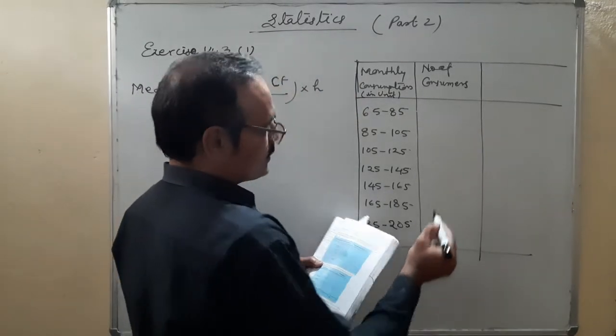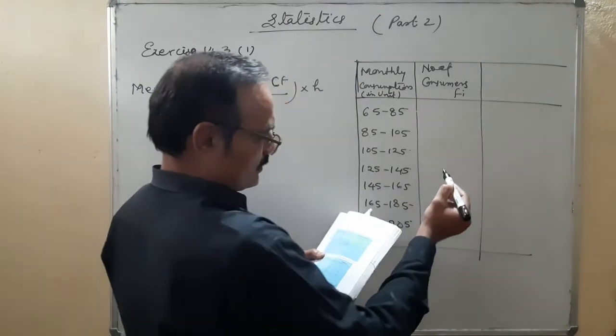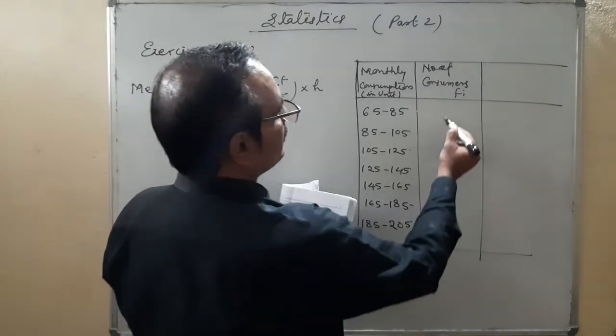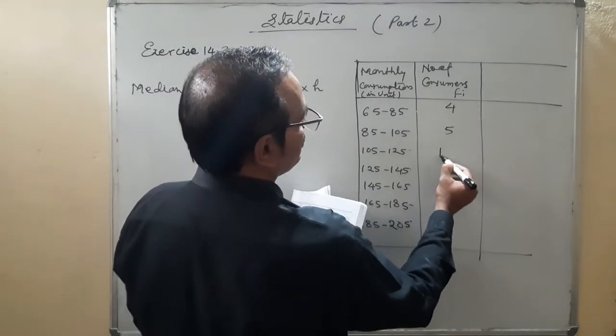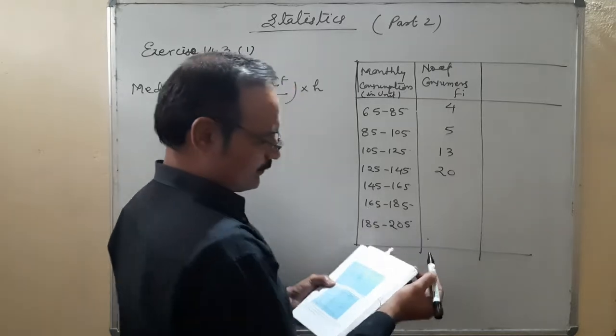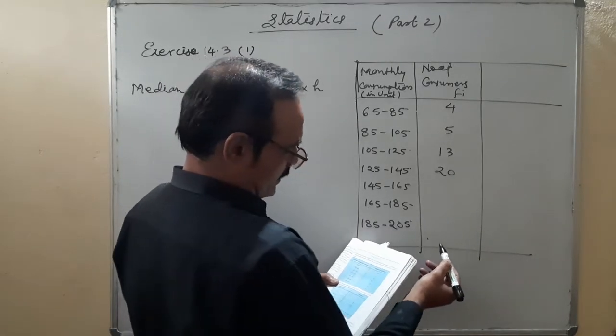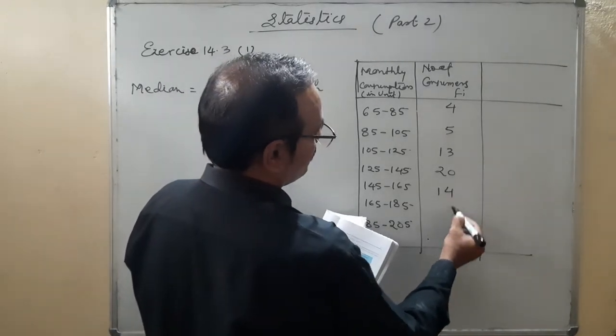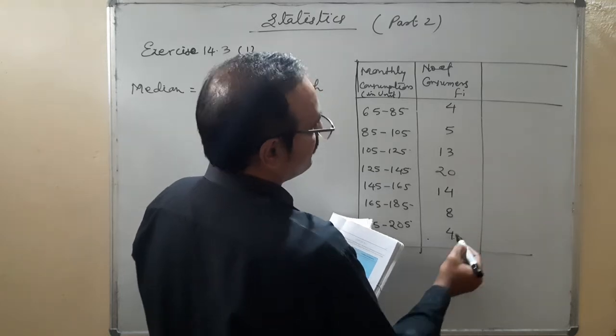Number of consumers Fi: 4, 5, 13, 20, 14, 8, 4. Okay. Number of consumers.